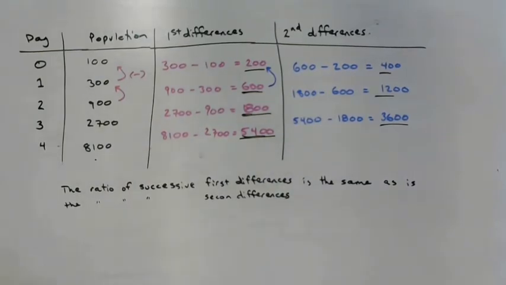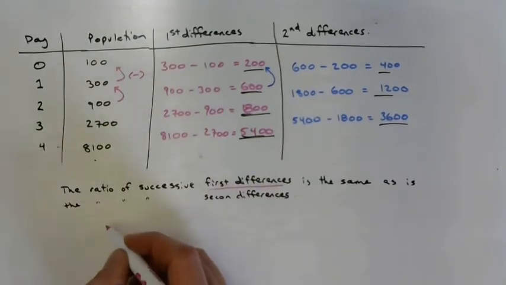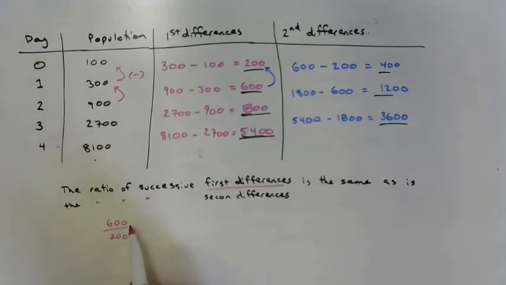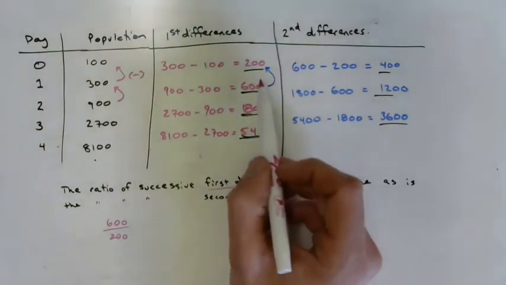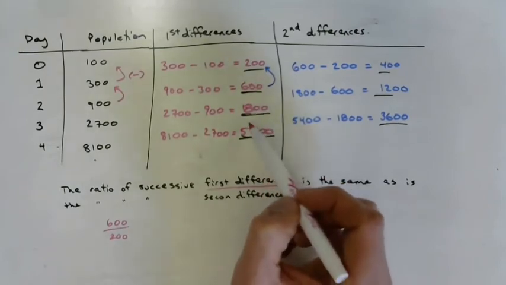Okay, later on, you're going to have to be able to check this, so I'm going to give you exactly what we're talking about here. The ratio of successive first differences means 600 over 200. That created a ratio, and it is a ratio of successive first differences because they come right after each other. I couldn't go 1800 over 200.